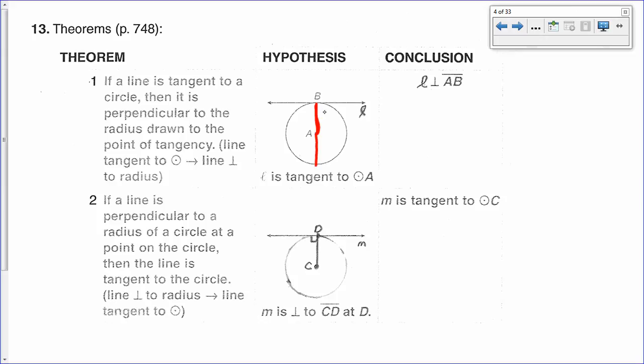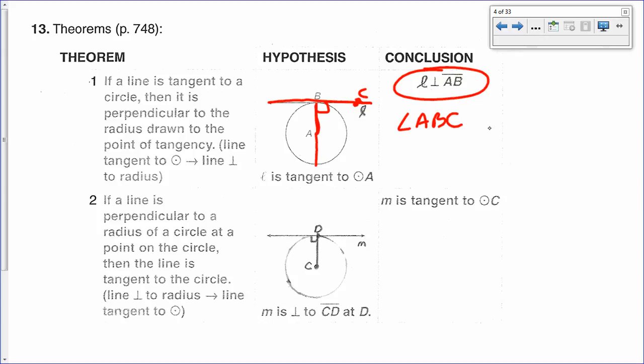When you have at least a radius, and it intersects a tangent line, you always get a 90-degree angle there, which means that they're perpendicular. And I want you to add a conclusion here. Angle A, B, and then we'll just put a C here for the sake of naming it.